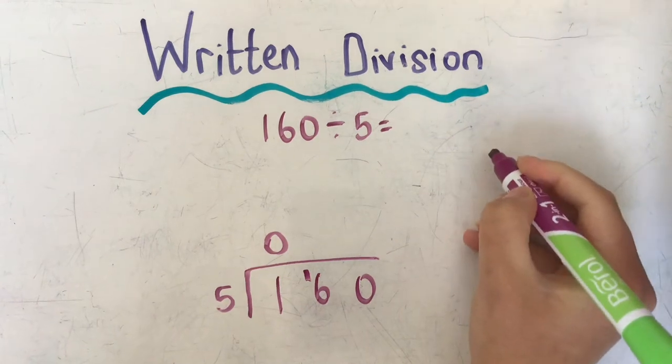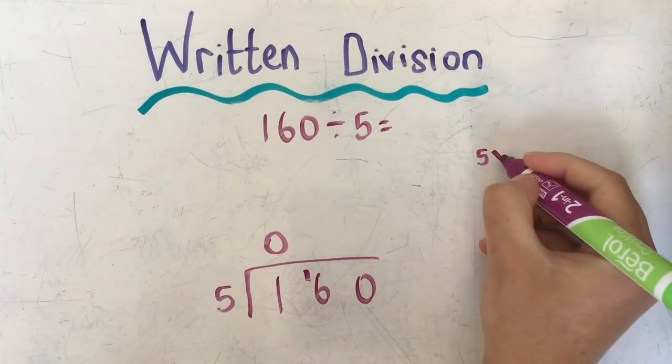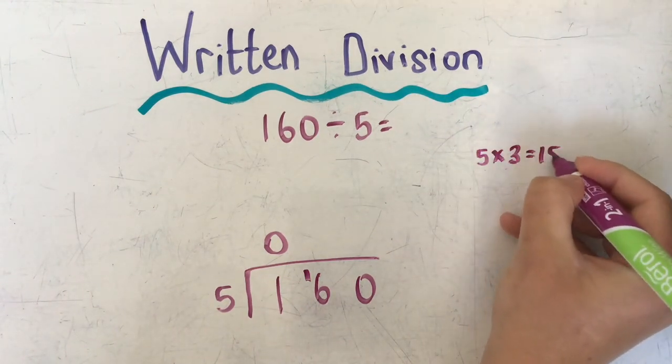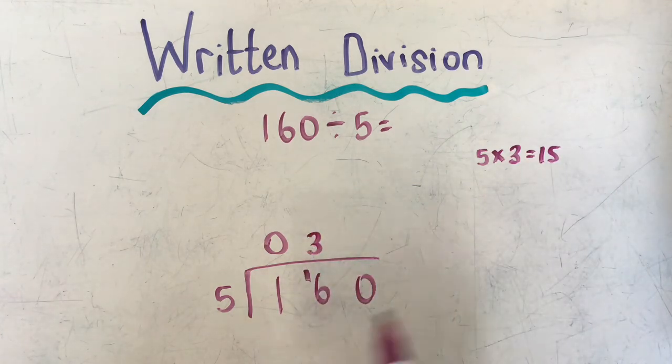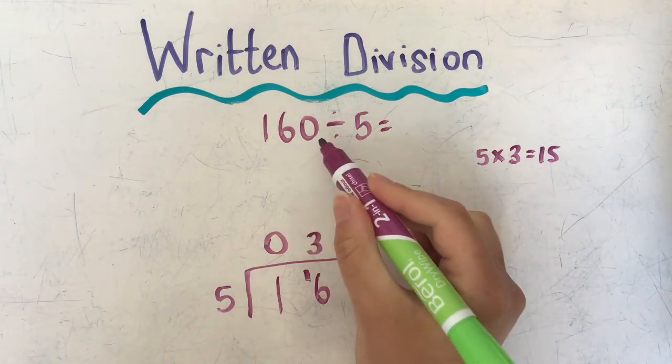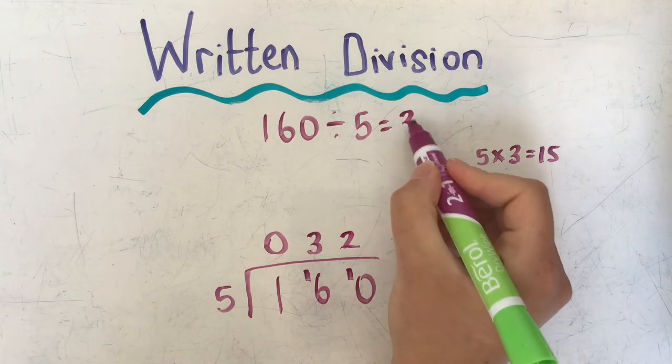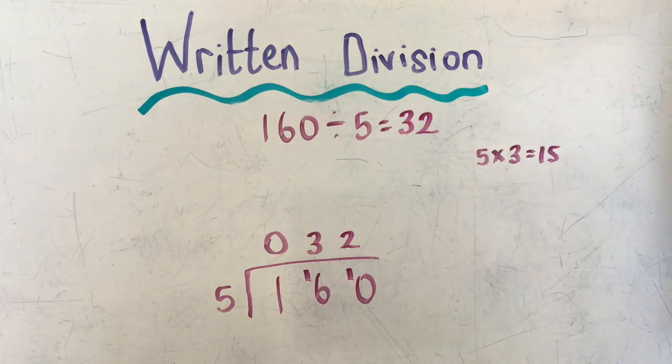Well, we know from our 5 times tables that 5 multiplied by 3 is 15. So it will go in 3 full times, and then we need to work out the difference between 15 and 16, which is 1. So that's what we carry over. And 5 goes into 10 twice. So for 160 divided by 5, you should have got 32.